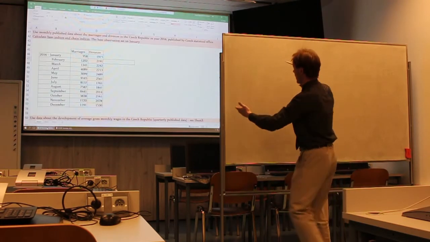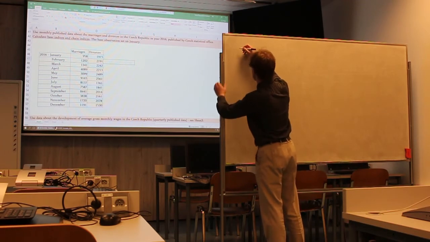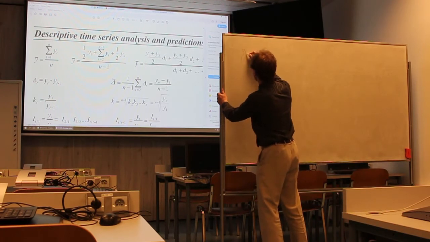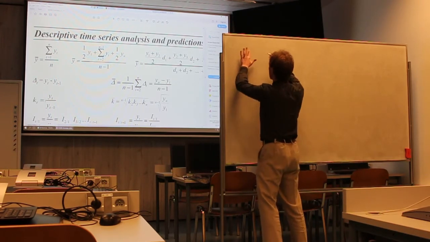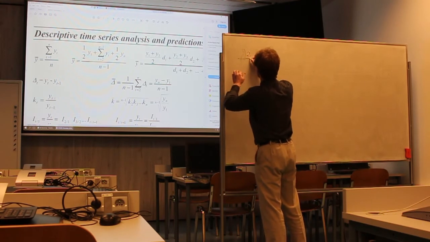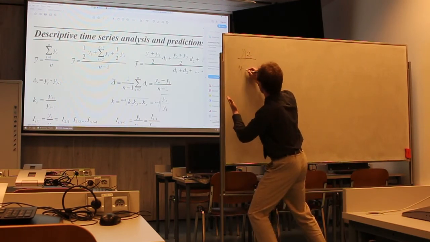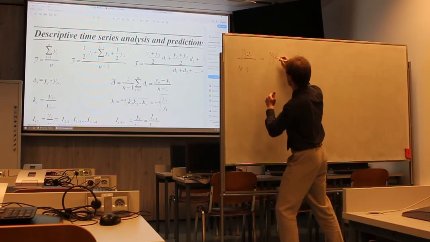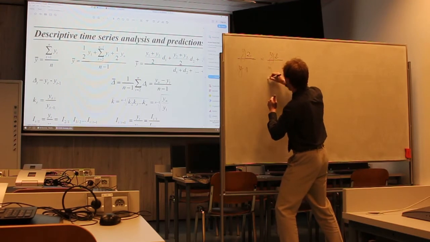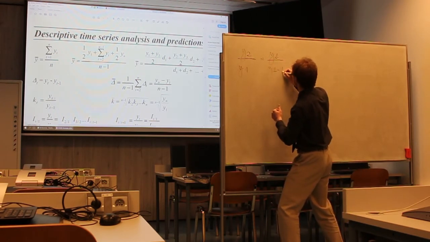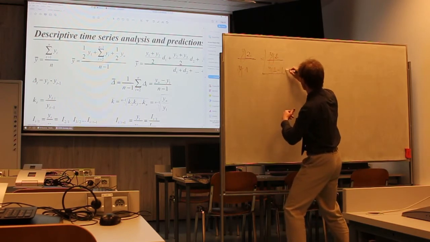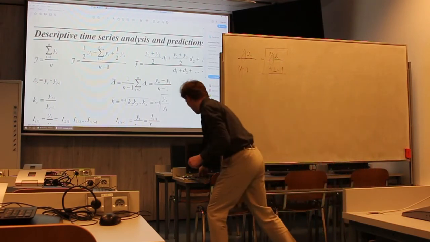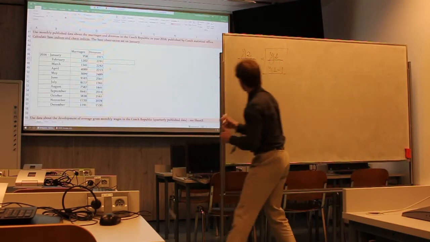chain indices, because we are calculating the simple ratio: y in period 2 divided by y in period 1. Why? Because this is y in time t divided by y in time t minus 1, and we will move through all the time series.